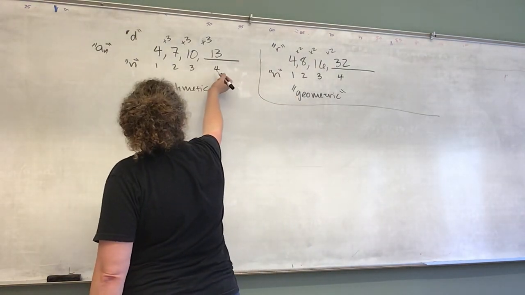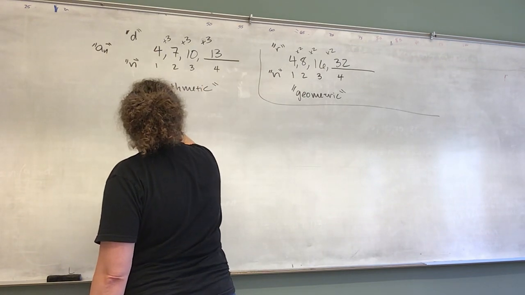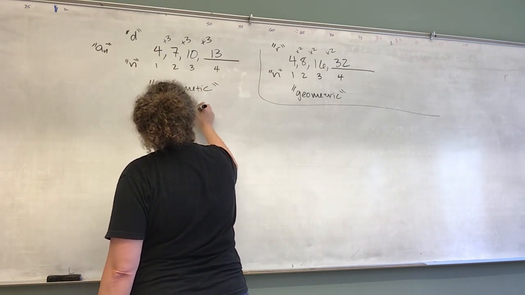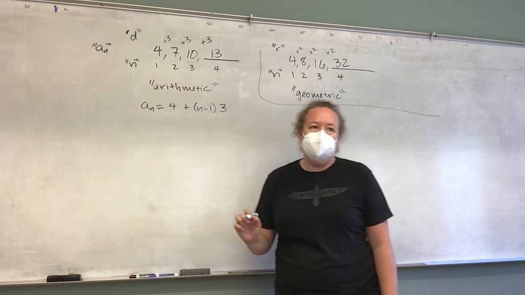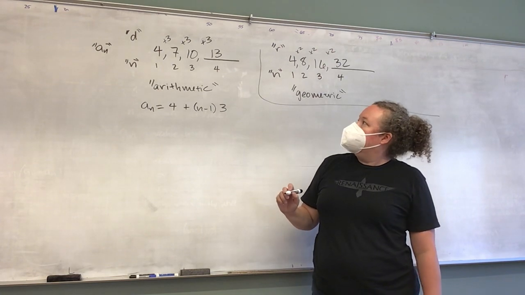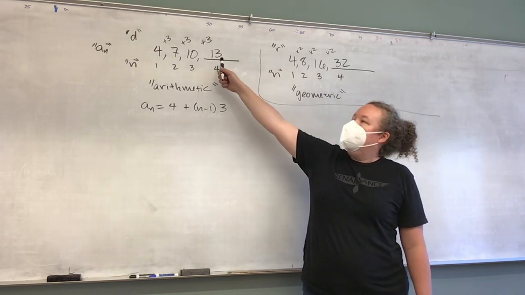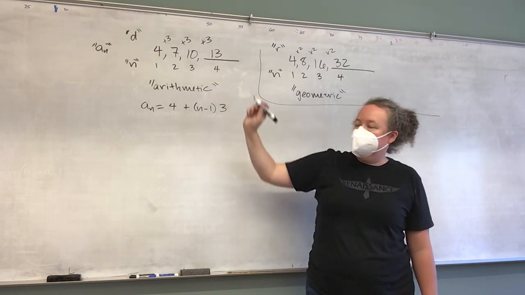So for this particular series, we found that a sub n equals 4 plus n minus 1 times 3. This is a sequence.